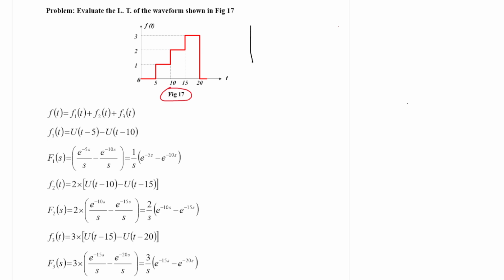Let us say we have three different distinct time zones t, and in the y-axis we have f(t). So the first one is from 5 to 10, then from 10 to 15 we have another time zone, and then 15 to 20 we have another time zone. Let us consider these three distinct time zones.